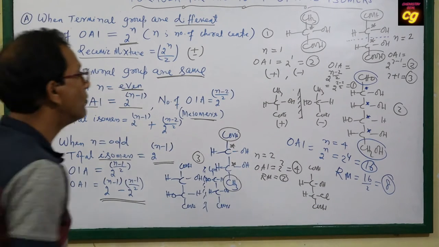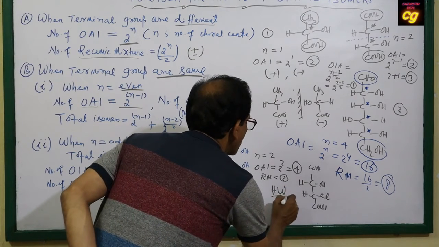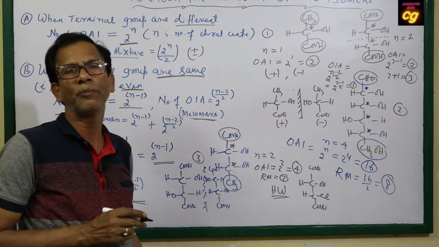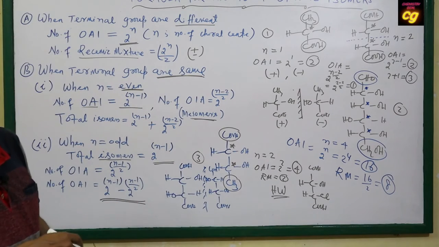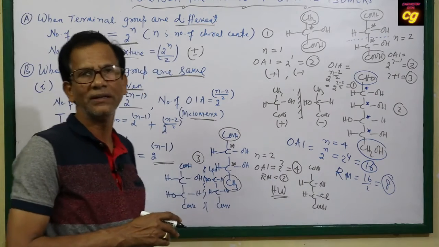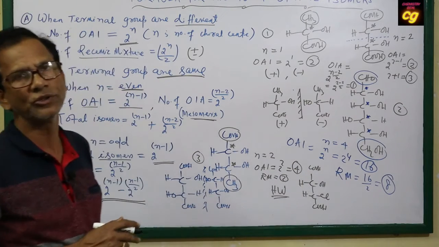My question, this is your homework: calculate how many optically active isomers will form, which pair will be diastereoisomers and which pair will be enantiomers.